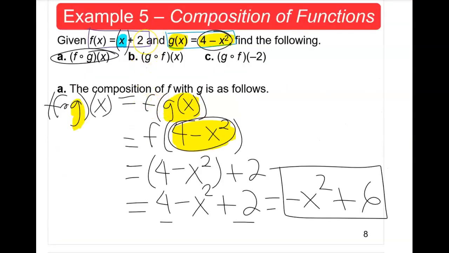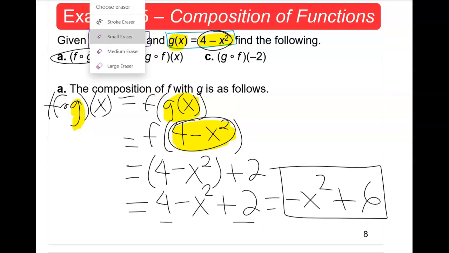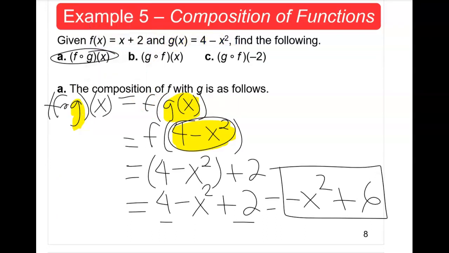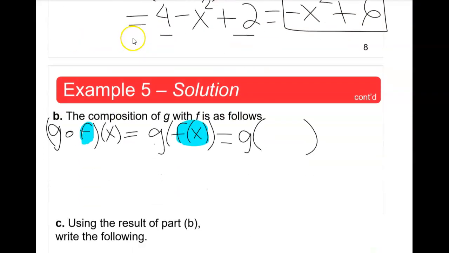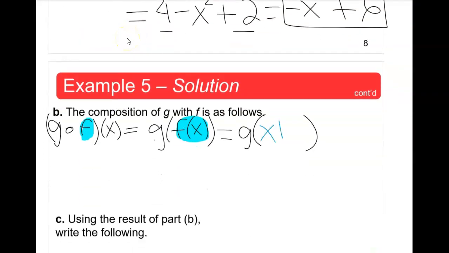So we're going to be replacing this whole thing. Instead of the notation f of x, we're going to write x plus 2. Because that's what the equation for f of x is equal to.